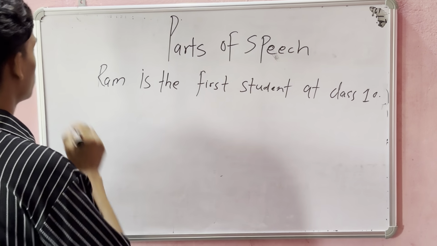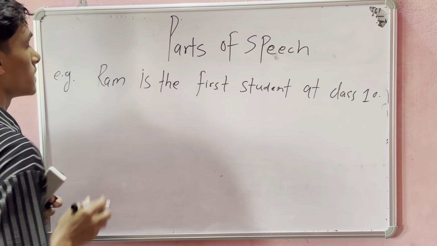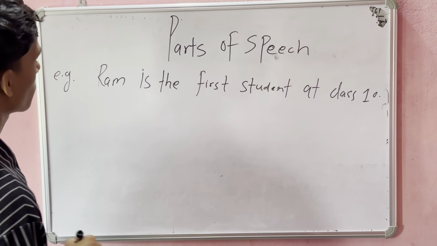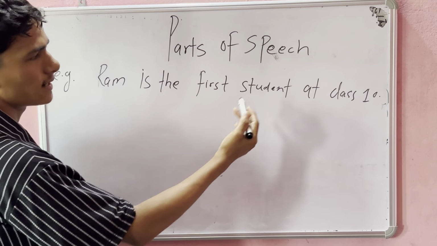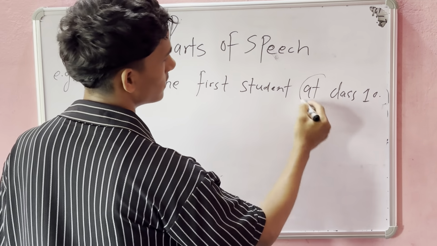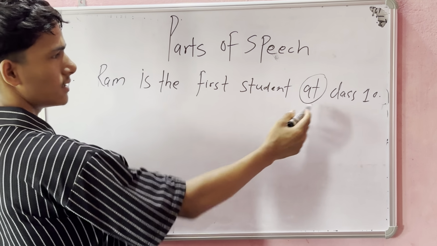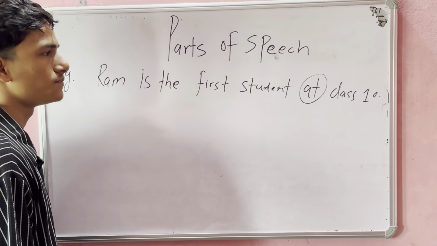Well, Ram is the first student at class 10. So Ram is the first student at class 10. So at is the preposition for the sentence, okay. So at is the preposition for the sentence.